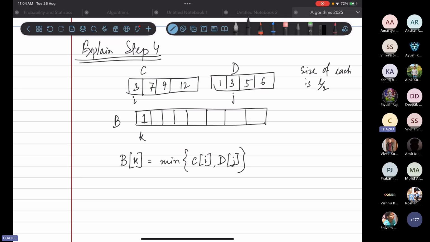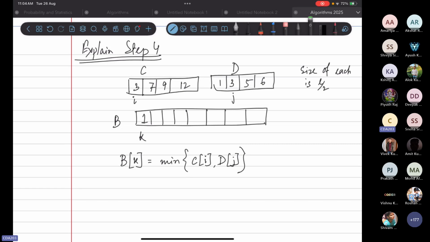Now again I'll have the same thing. At this point I have to figure out what is the element that should be present in the second place of this new B array. Again, if you see carefully, that's going to be the minimum of CI and DJ. In this example, both of them are 3, so I can take any one of them.